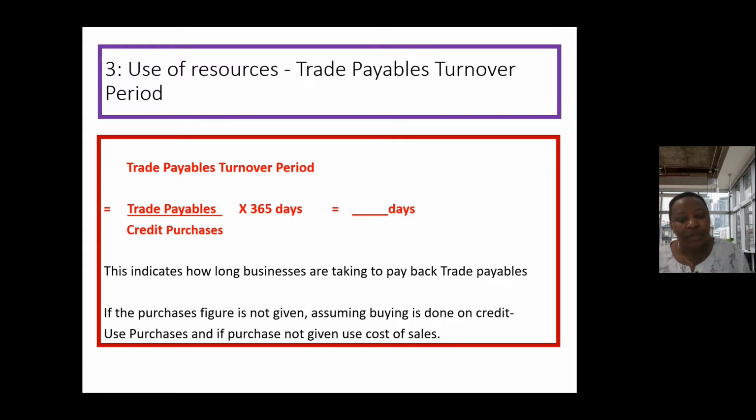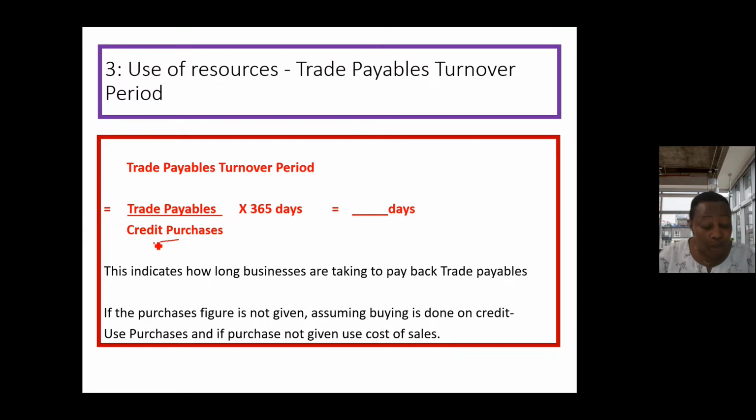To calculate our trade payables turnover period, we need our trade payables. We divide that by our credit purchases, and you multiply it by 365 days. At times, you might not be given your credit purchases. Where you're not given your credit purchases, you assume that all of the purchases were done on credit, and so you use all of the purchase figure.